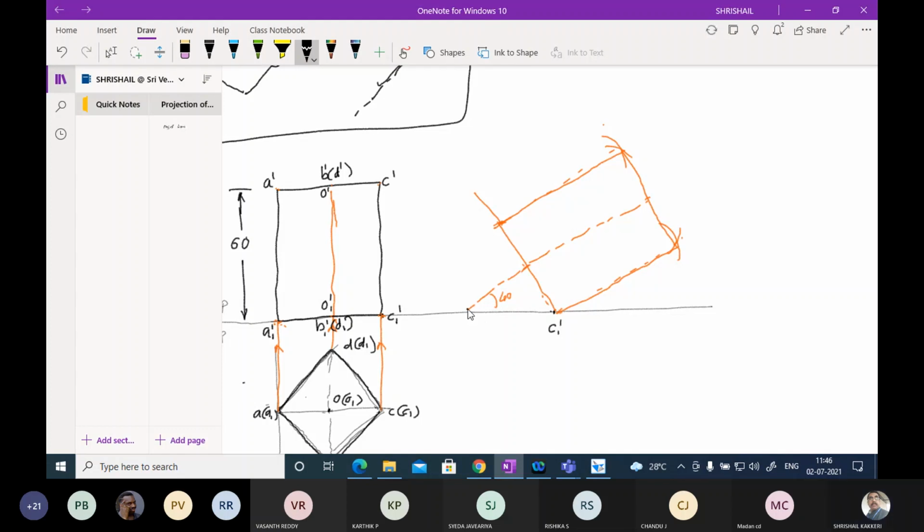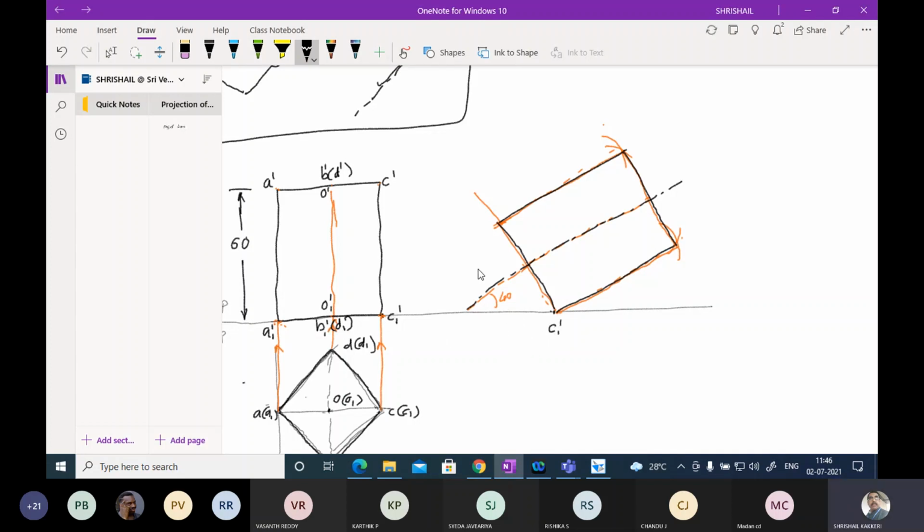Now let me show the axis line. Let me show this. And the same points I am going to show here.